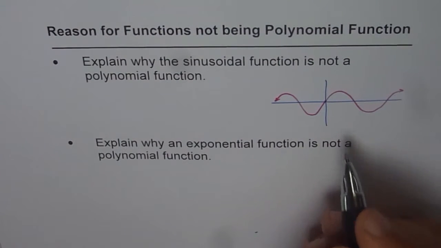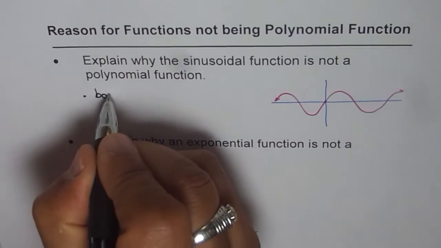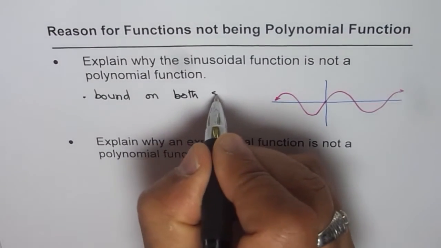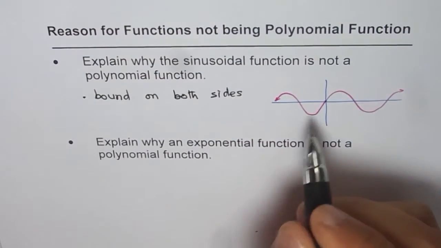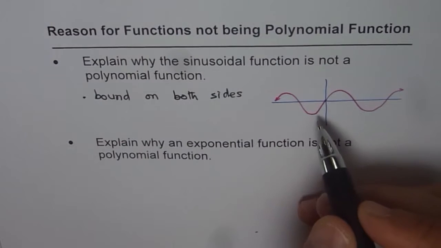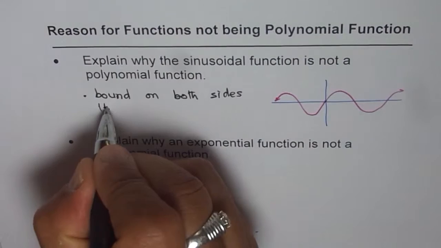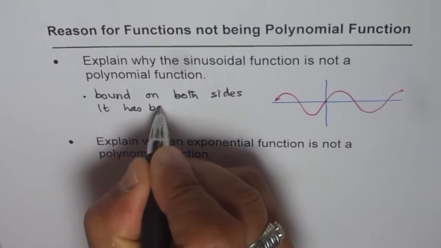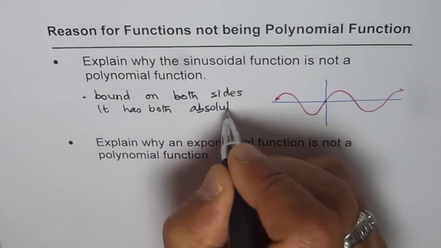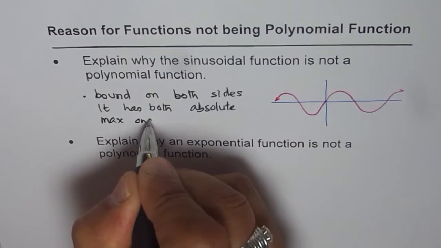Now, one reason, and that's a very critical reason, is that it is bound on both sides. Bound on both sides means it has an absolute maximum as well as an absolute minimum, right?